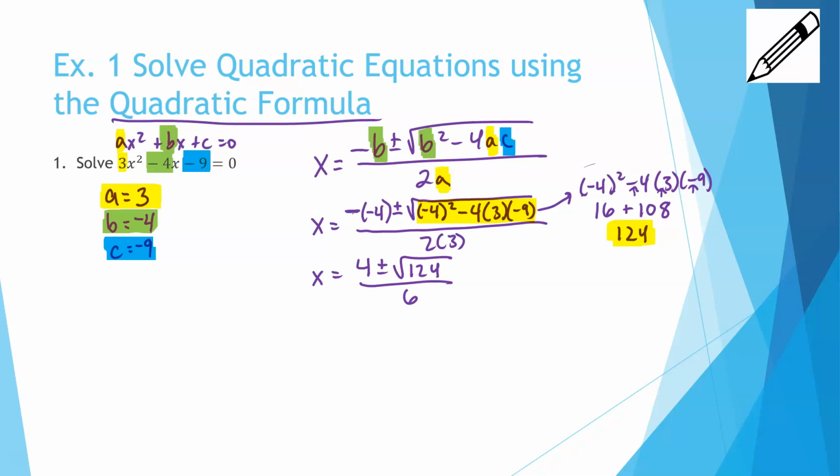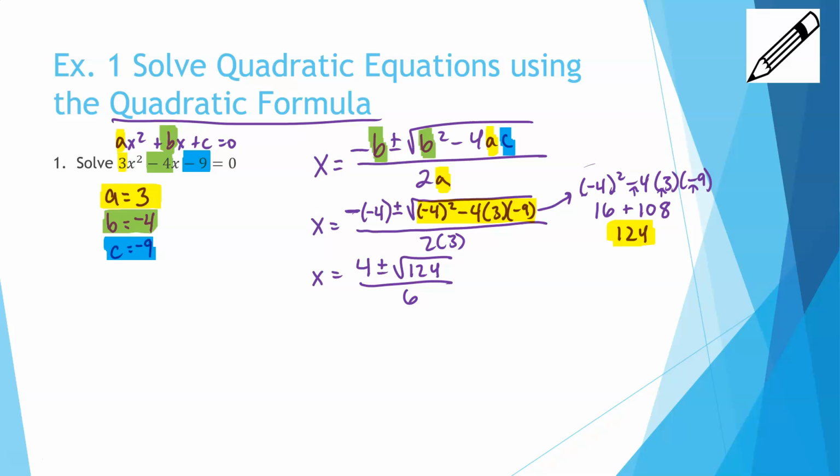Now, we are not going to just type this into our calculator. We are going to continue to simplify and have nice, neat answers, even if it means having a radical in it in the end. Okay, the fact that there's the plus or minus symbol, we'll deal with that later, but that really just means that you could do 4 plus the root 124, and divide it by 6, and then separately you would do 4 minus square root of 124 and divide it by 6, and that gives you 2 solutions.